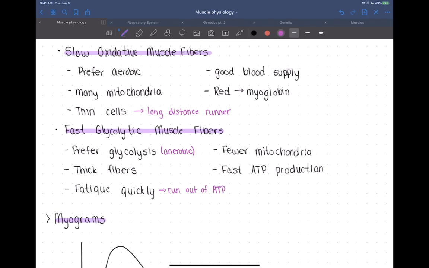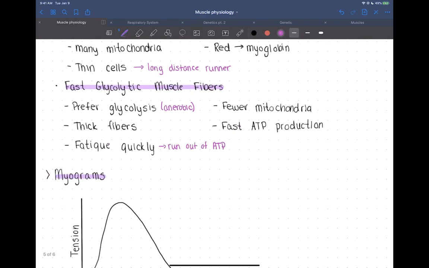These muscle fibers physically look thicker, and you would see this in a sprinter. If you ever compare, during the Olympics for example, what a sprinter's musculature looks like to a long distance runner, sprinters have very bulky muscles.